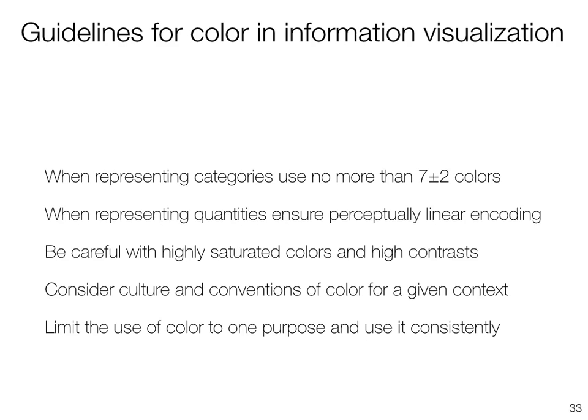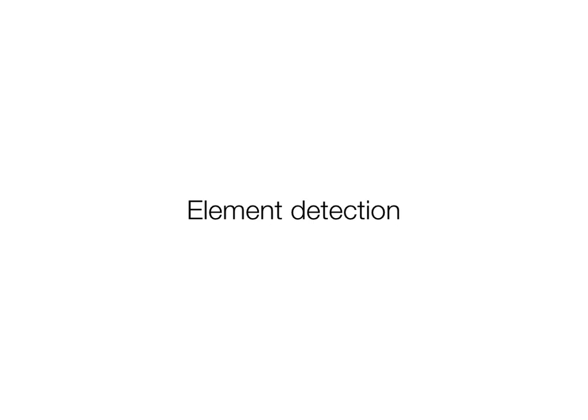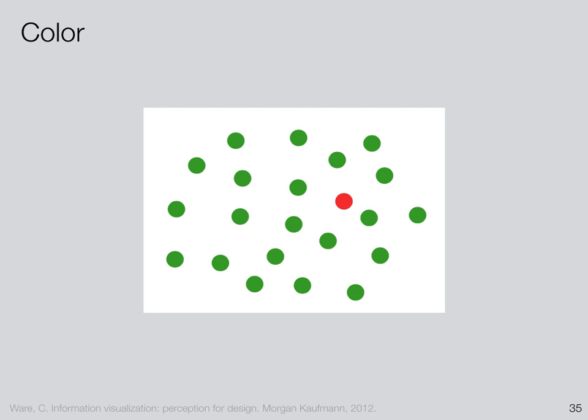Now that was it for now on color. Let's move further into element detection. So our eyes are really trained to pick up elements that stick out, and that again, color is always there. That can be, for example, because of their distinct color.